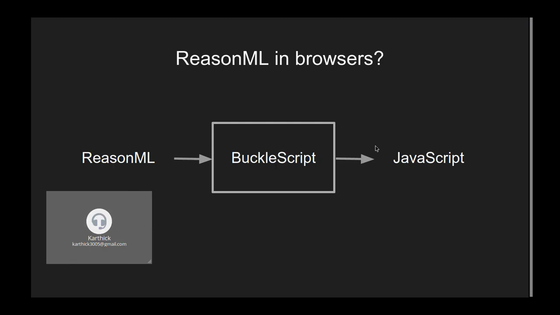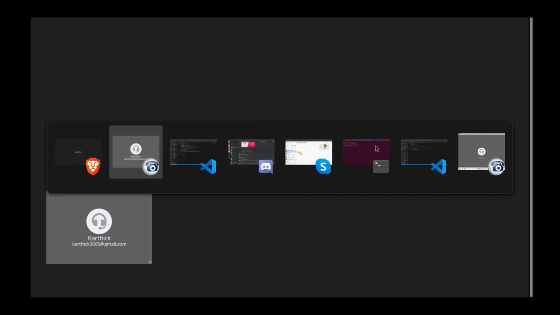So we write code in ReasonML where everything is type safe, where you get to know the bugs before pushing to production, before building, and then BuckleScript converts that code to JavaScript. So your apps would never break. So let's try.